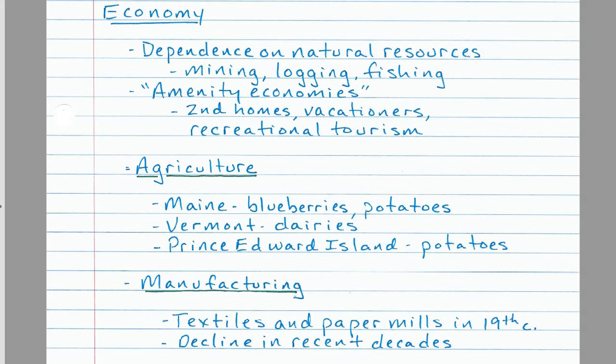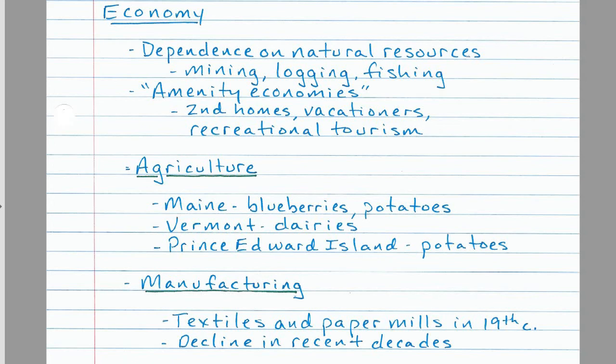and so mining is not particularly profitable or sustainable. So what you have instead, taking the place of those natural resource industries, are what are called amenity economies. And so amenity economies mean that you turn the place over more to tourism. And so you're trying to attract people to come there because there's scenic beauty, it's got a nice mild summer, and so people, again, from Massachusetts and so forth, wealthier New Englanders, may have second homes up there.